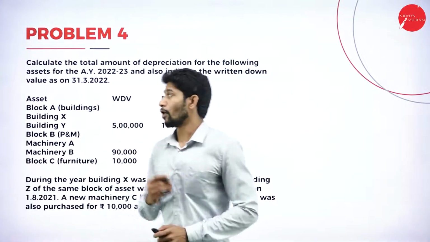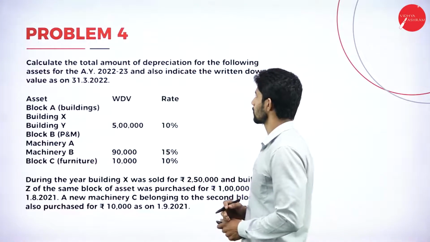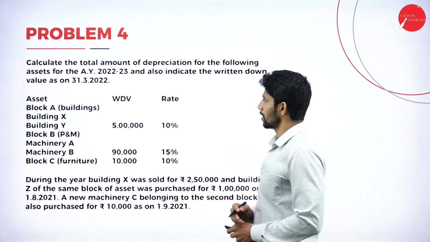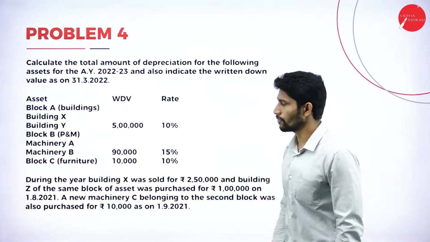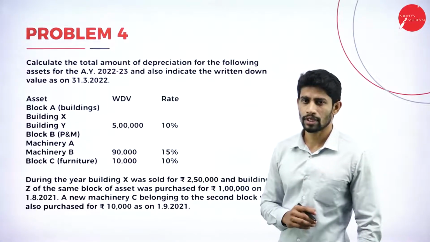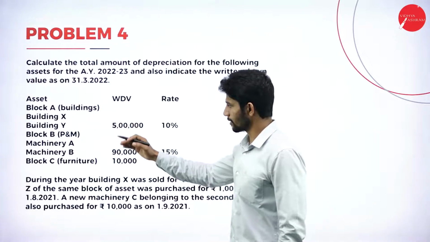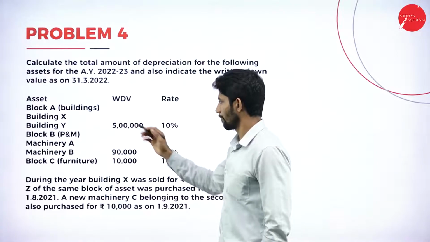Problem number 4. Calculate the total amount of depreciation for the following assets for the assessment year 2022-23 and also indicate the written down value as on 31st March 2022. Asset block A, buildings, building X and building Y, the written down value is 5 lakhs.